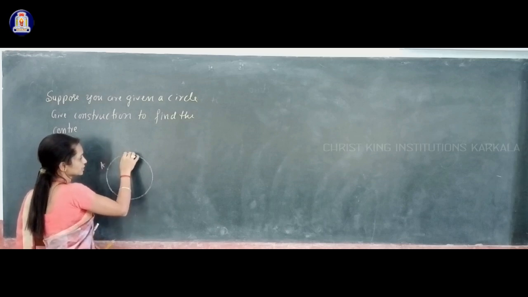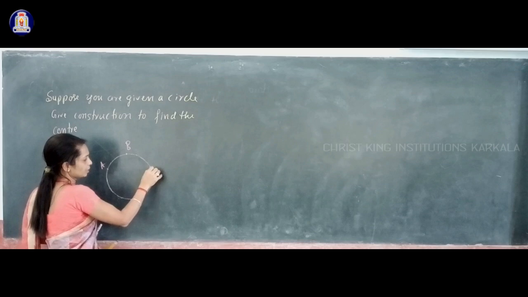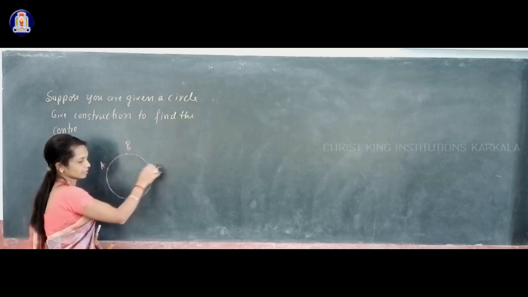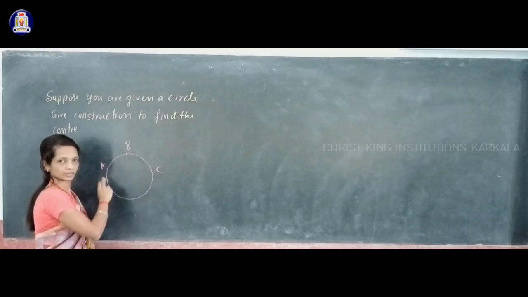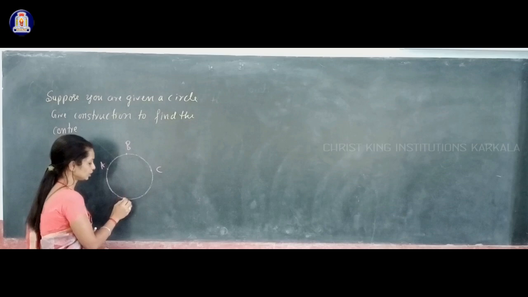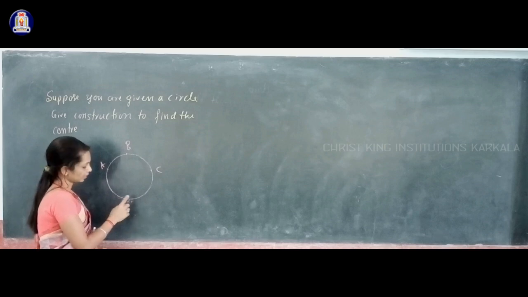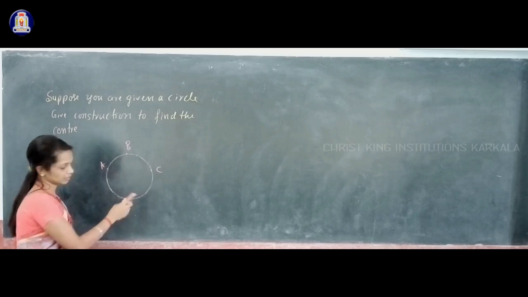They are visible means when you join AB and AC, you can see the lines AB and AC. Like that you have to take 3 non-collinear points on that circle. Don't take points like this A, B, C, because if you take them like this then you can't see the lines AB, AC and BC.